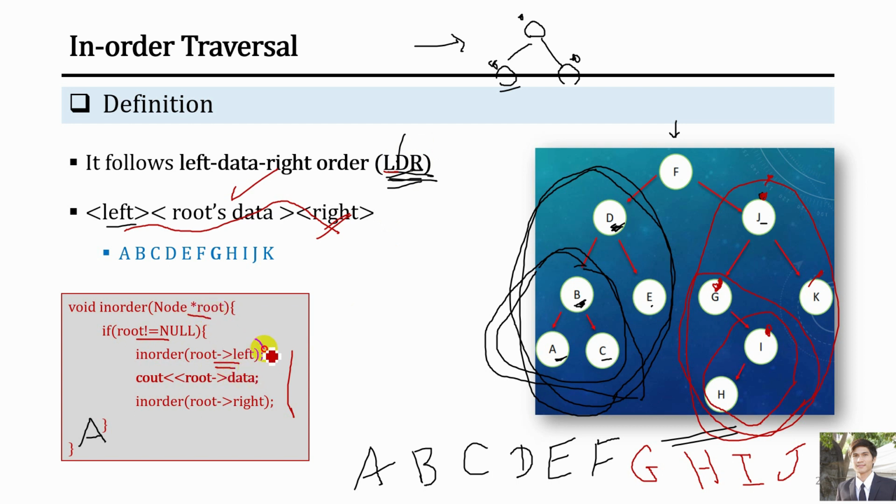So we recurse left, we display data, and then we recurse right, using this format, left data right. Based on the recursive function, it will get all the data we need. Later on we will implement them together in our code to see whether we get the same result.